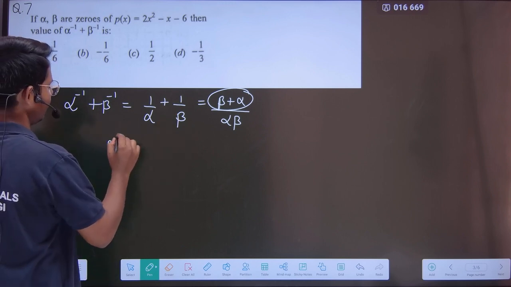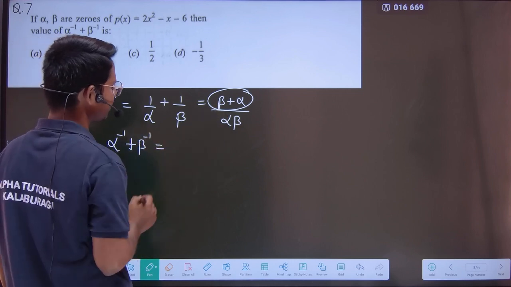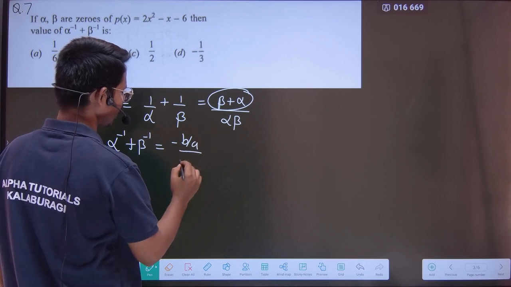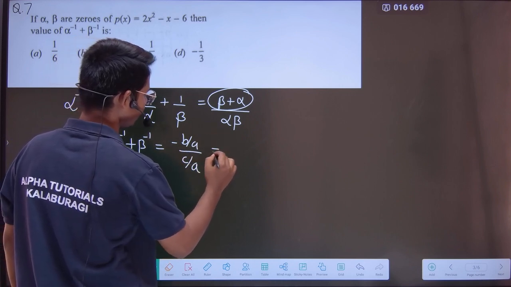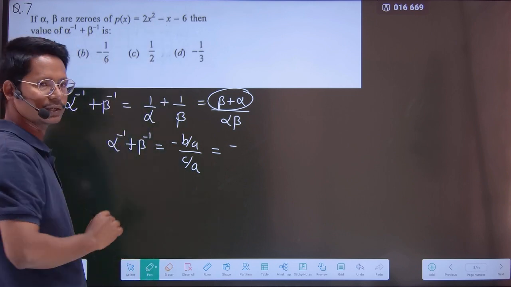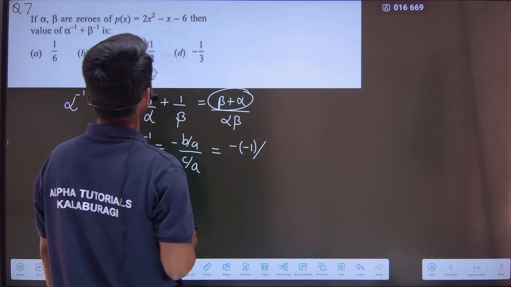that we will get from the coefficients. So I'll write now. Alpha inverse plus beta inverse is equal to sum of zeros, which is minus b by a, and product of zeros, which is c by a. Correct? Now minus as it is. B value is minus 1, so minus 1 divided by a value.